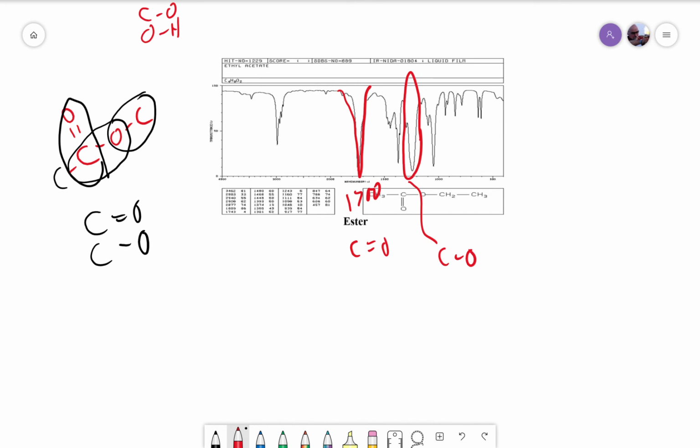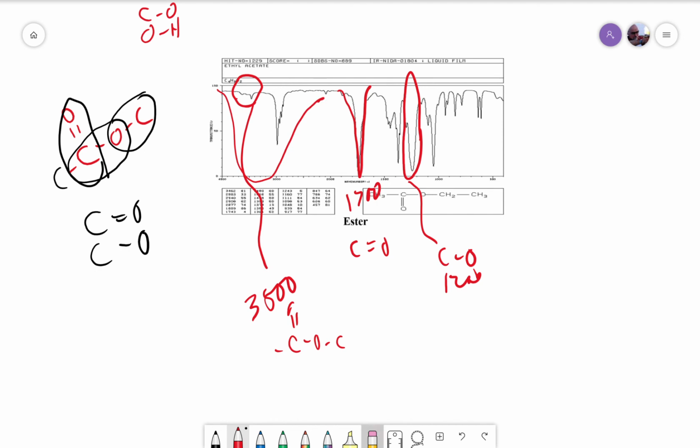But in addition, it makes a special peak, maybe a little peak that you might otherwise ignore, that indicates that it's not just a carboxylic acid because there's no giant peak here, but this little peak can indicate that these things are connected to make an ester.